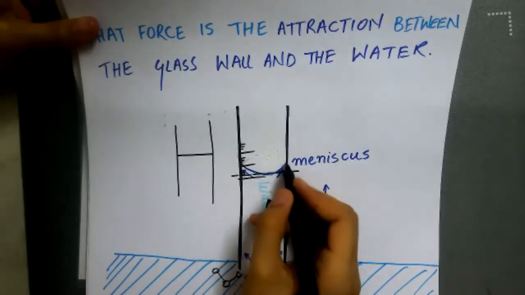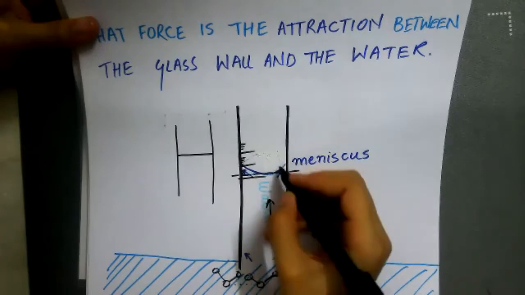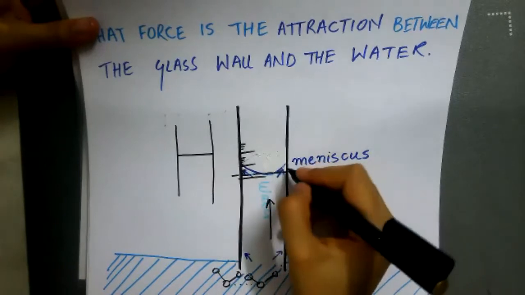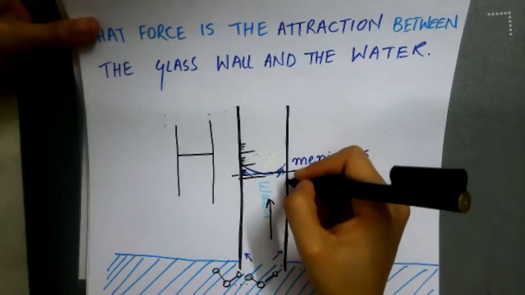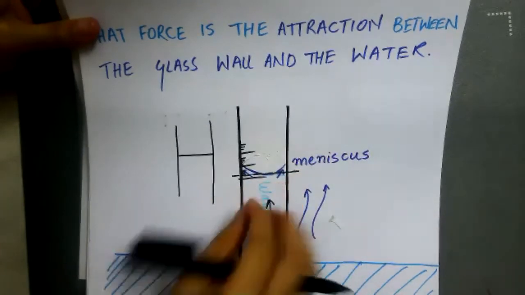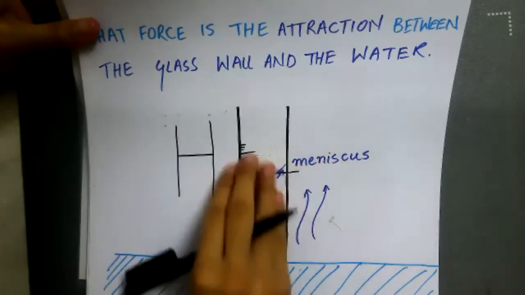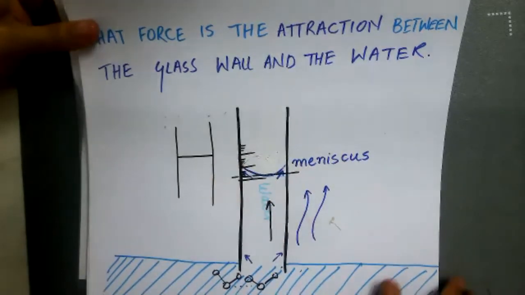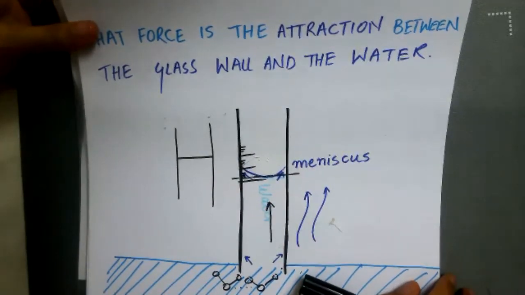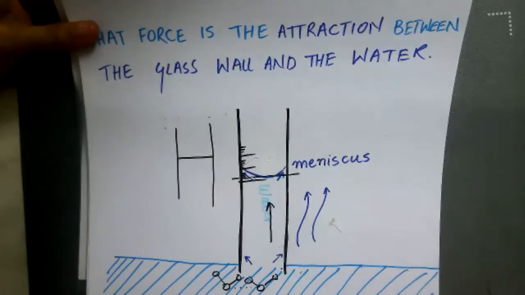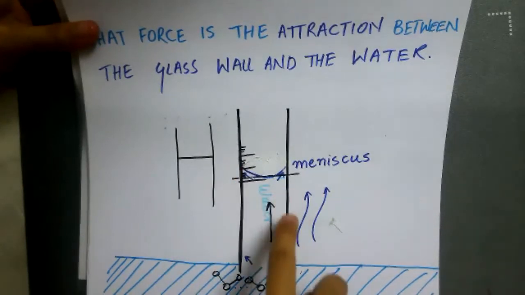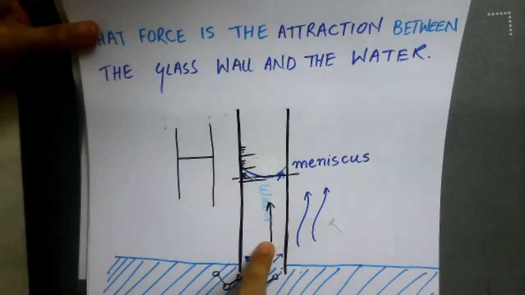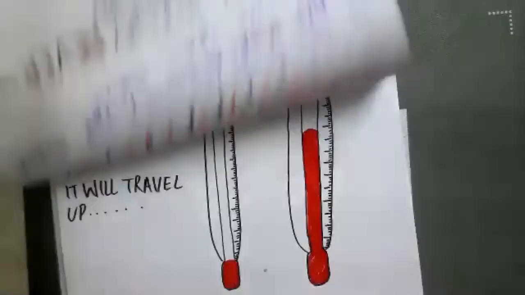The reason this meniscus is formed is because the water has a greater attraction for the glass walls than for itself. They're all kind of trying to reach up to those walls, spread out like that. The attraction between water and the glass walls is stronger than between water and other water molecules.